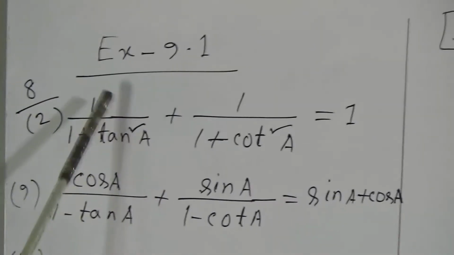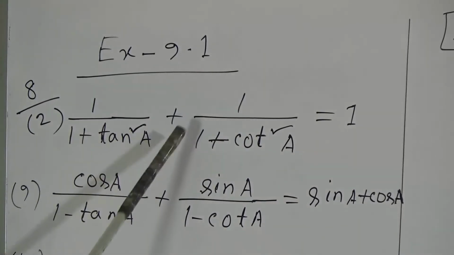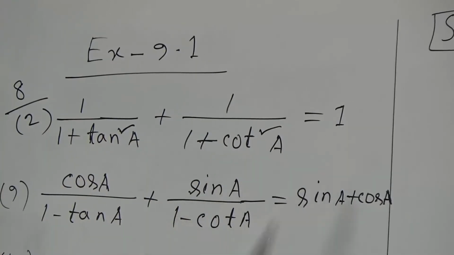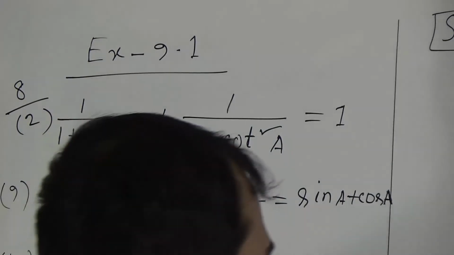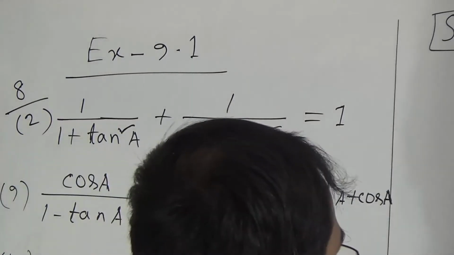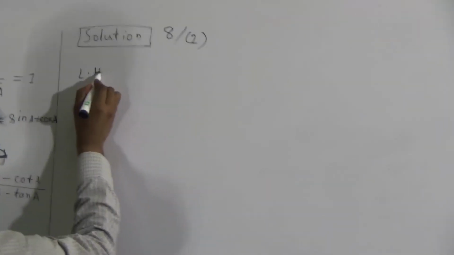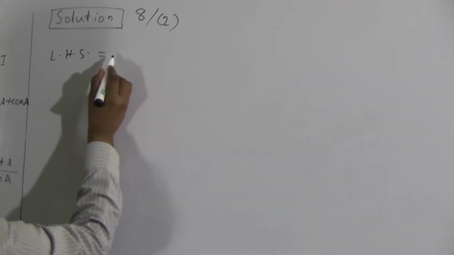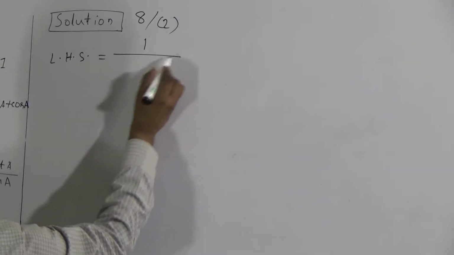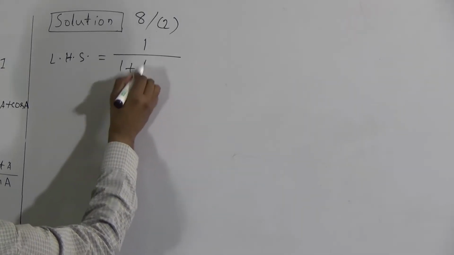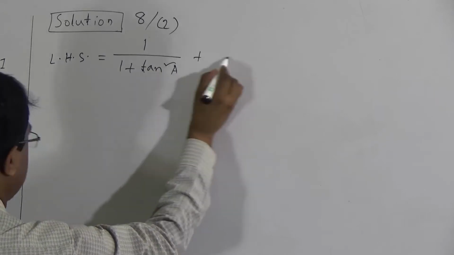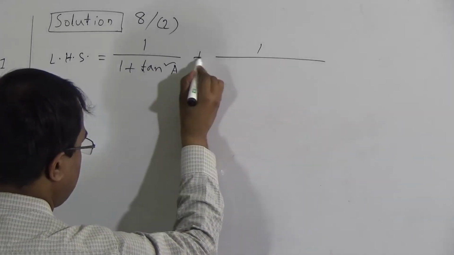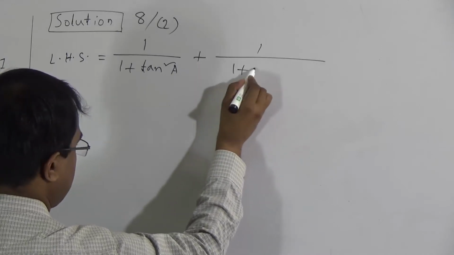Here we have to prove that 1 by 1 plus tan square a plus 1 by 1 plus cot square a equal to 1. At first we will write left side. Here left hand side is equal to 1 by 1 plus tan square a plus 1 by 1 plus cot square a.